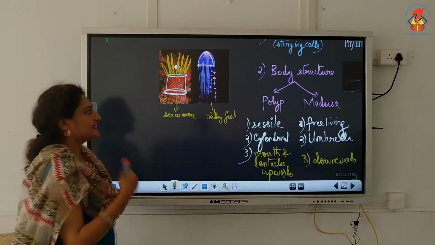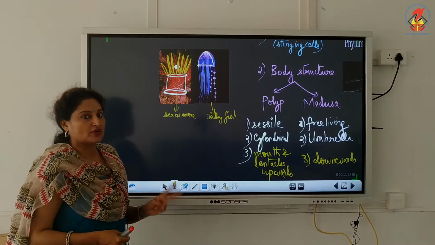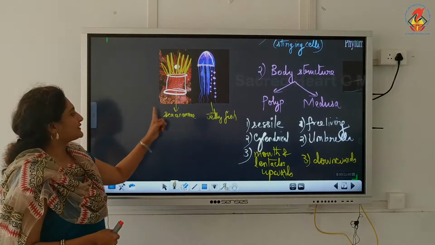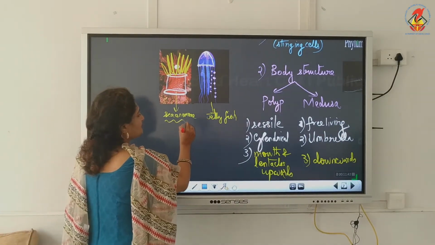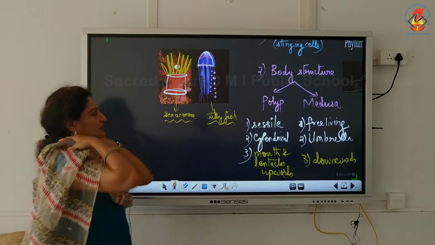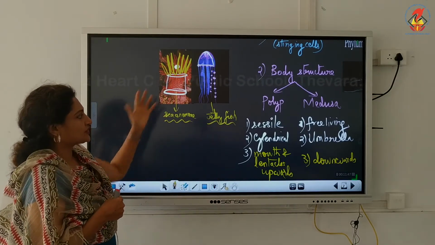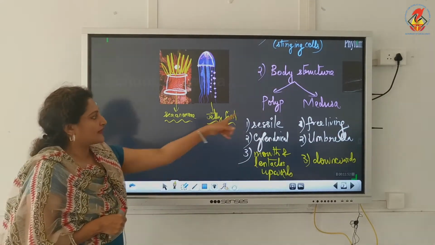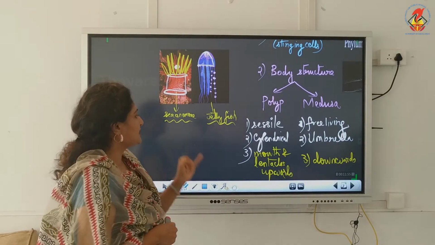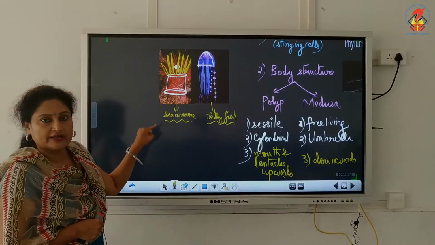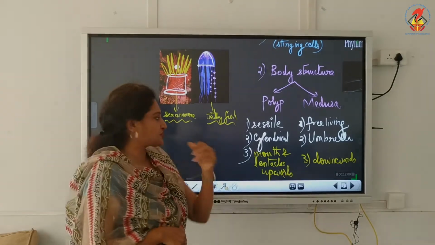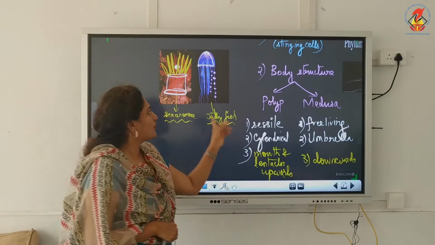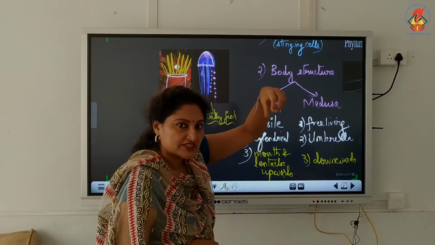So once again highlighting the differences between the two types of body form, polyp and medusa. Polyp, example sea anemone, and medusa, I have taken jellyfish. Polyp is sessile, sedentary or fixed to a rock, whereas medusa is free living or free floating. Second, polyp is cylindrical, whereas medusa is umbrella shaped. Then in polyp the mouth and the tentacles are facing upwards, whereas in medusa the mouth and tentacles are facing downwards.